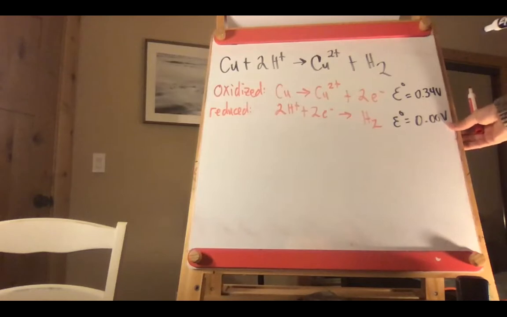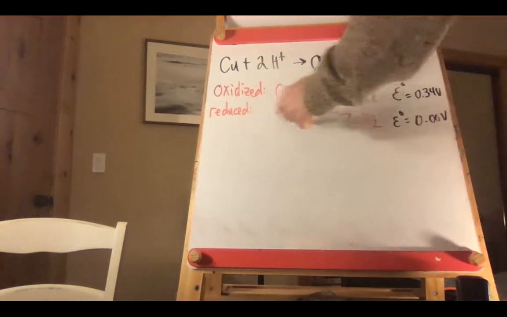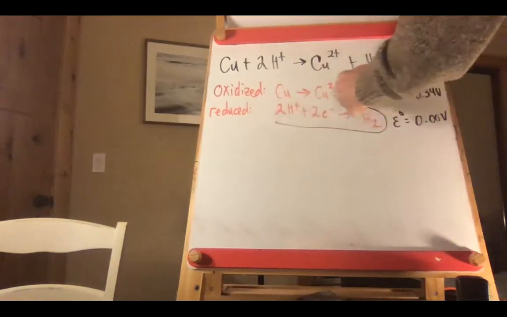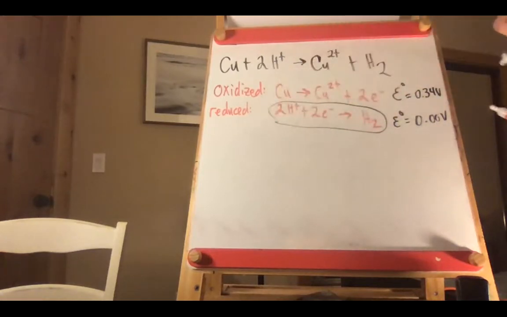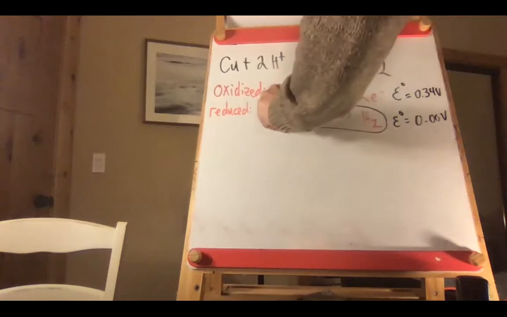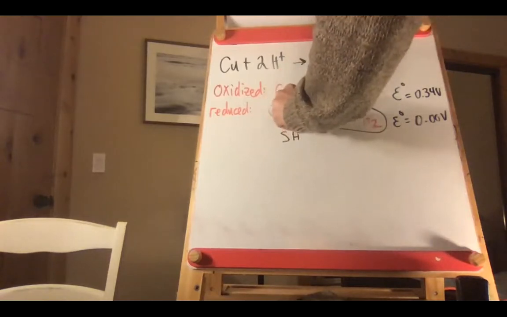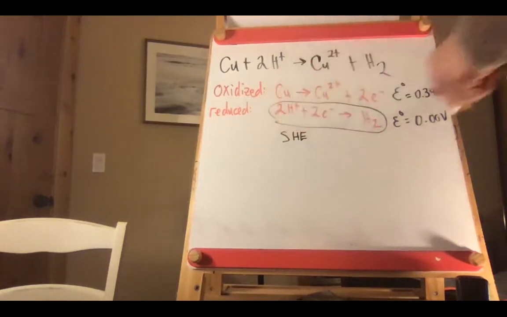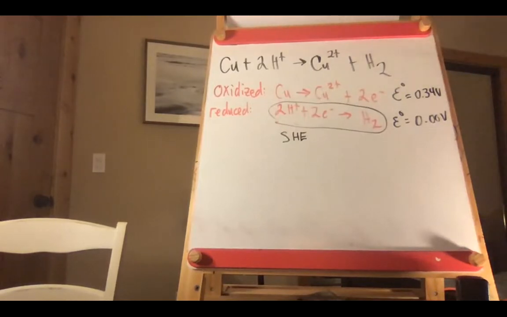Hopefully that is familiar, because what is this reaction here? That's the SHE, and as I said earlier, it is what we base every other value on. We set that arbitrarily to 0.